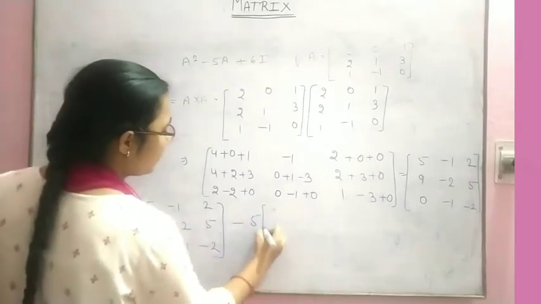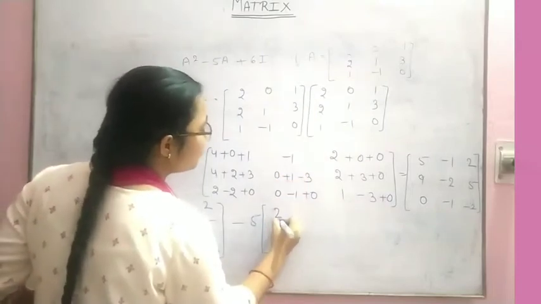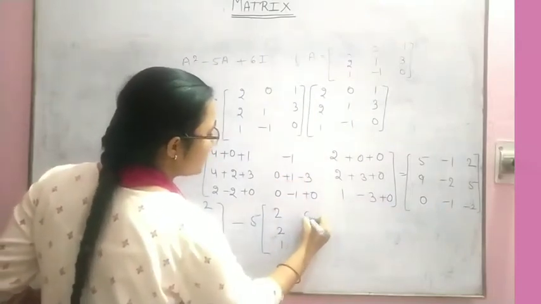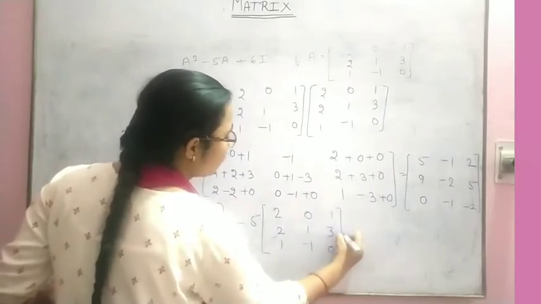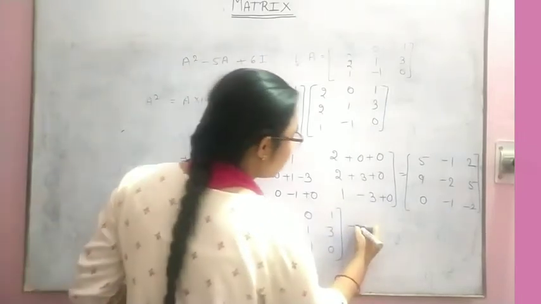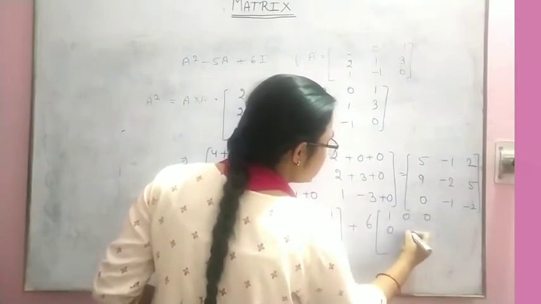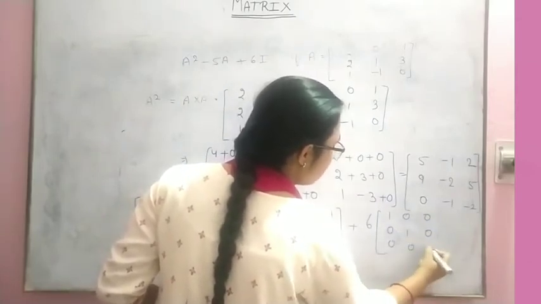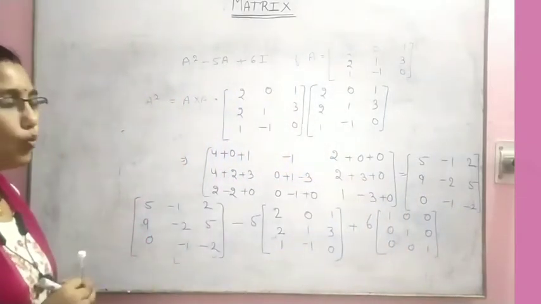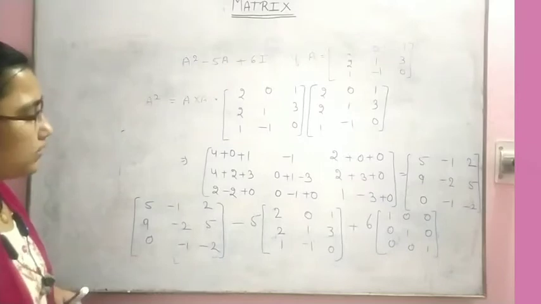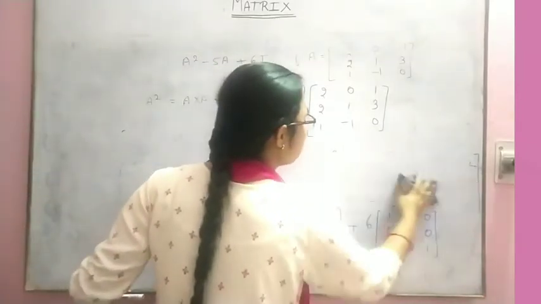Minus 5 of A. The value of A is 2, 2, 1, 0, 1, minus 1, 1, 3, 0. And plus 6I. The value of I is 1, 0, 0, 0, 1, 0, 0, 0, 1. I is identity matrix. The principal diagonal is equal to 1.